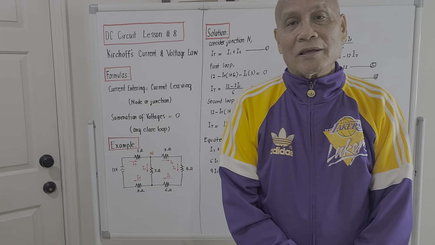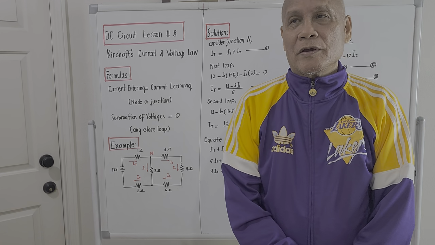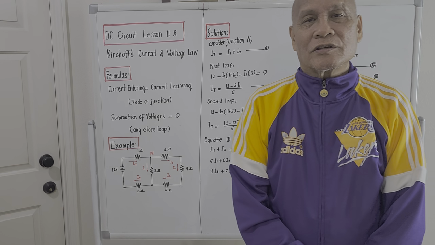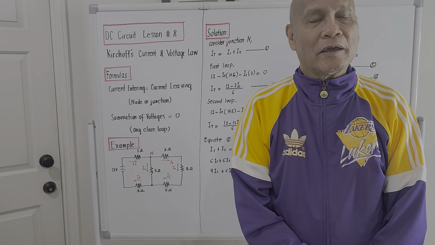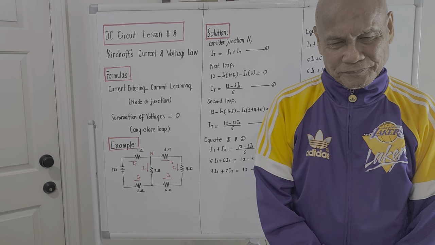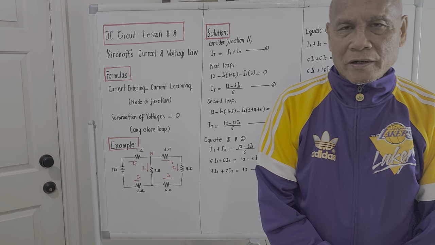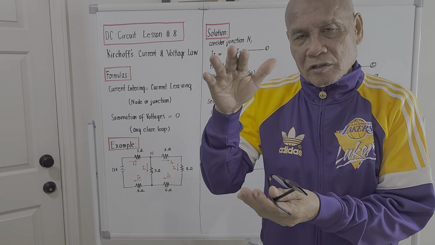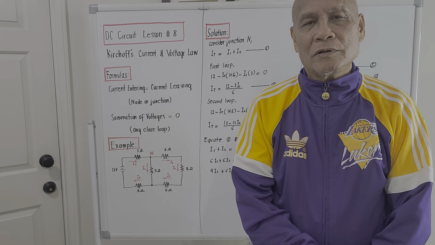The topic for tonight will be a very interesting one because the concepts we will be discussing tonight are actually one of the most important things in the so-called study of DC circuit. That is, the computation of a current on a certain portion of the circuit by using advanced solutions.